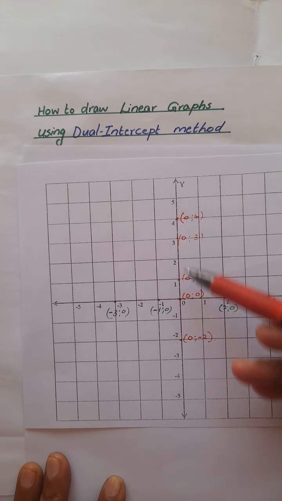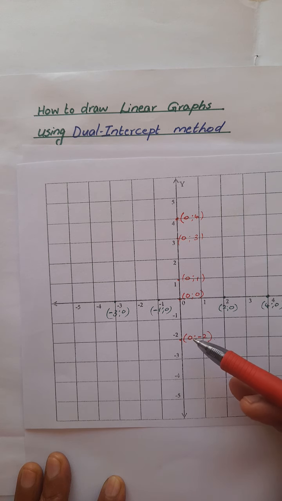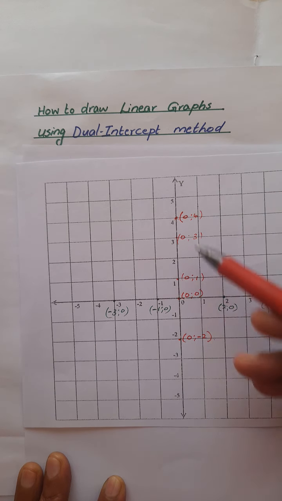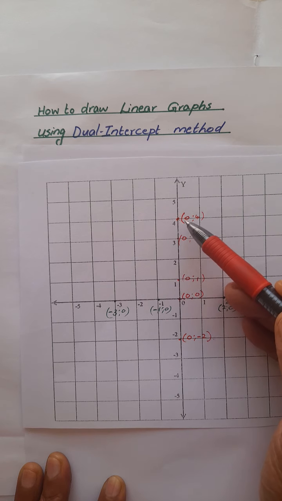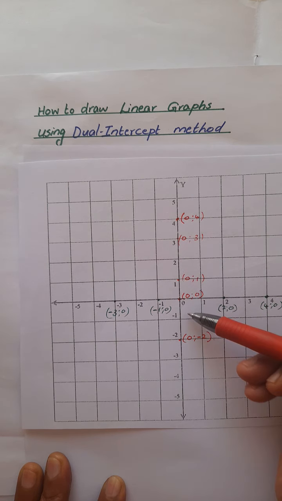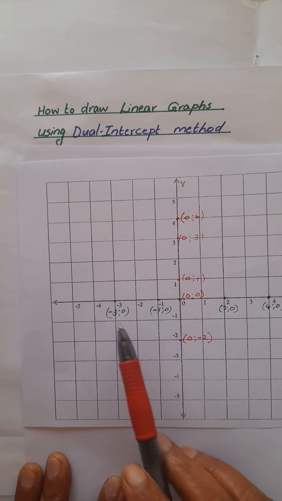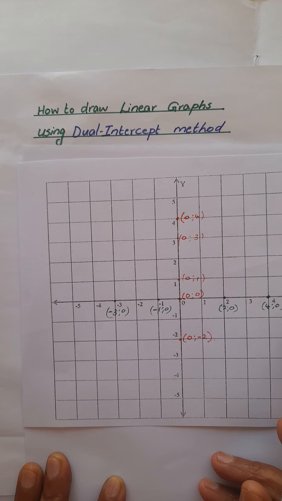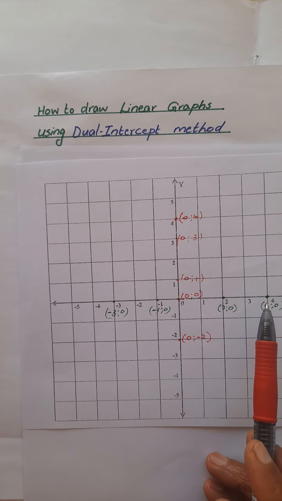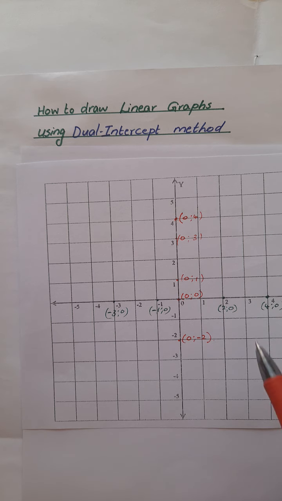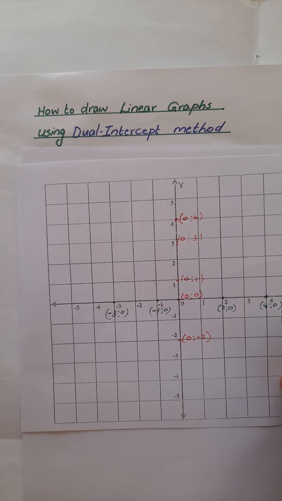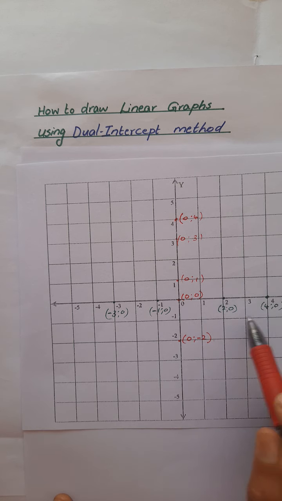So anywhere on the y-axis, the x coordinate is 0. If you look at any of these points, we can see that the x coordinate is 0. And on the x-axis, the y coordinates are 0 and the x coordinates are changing.